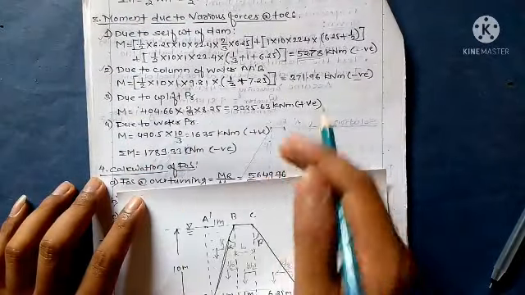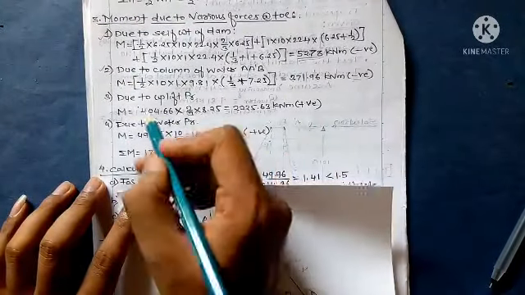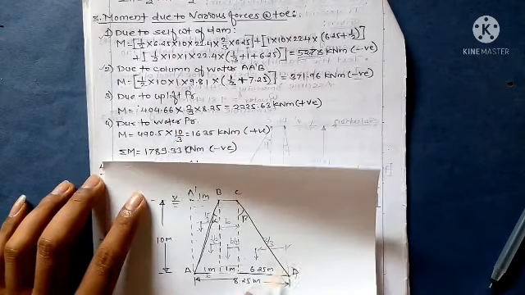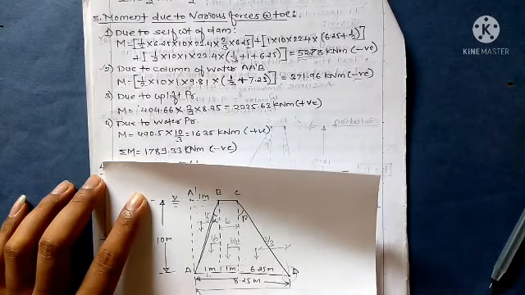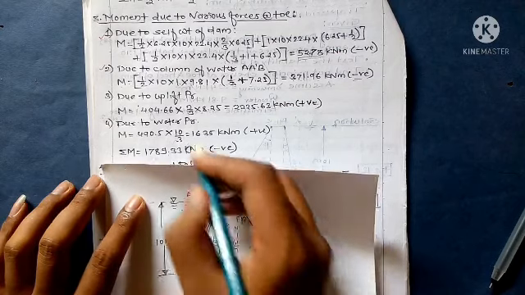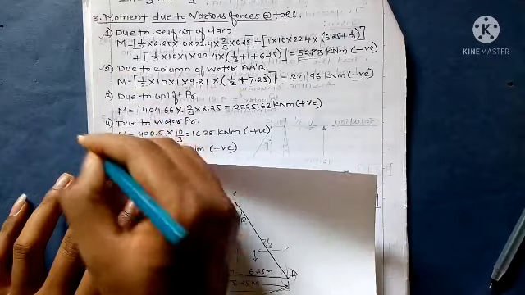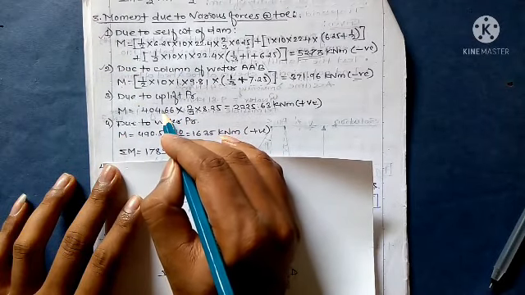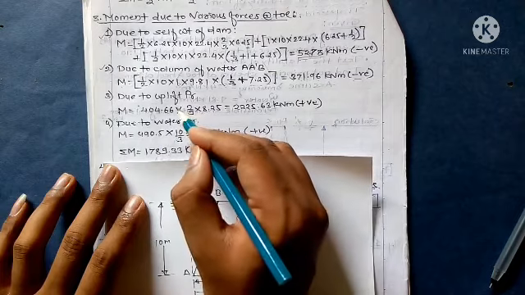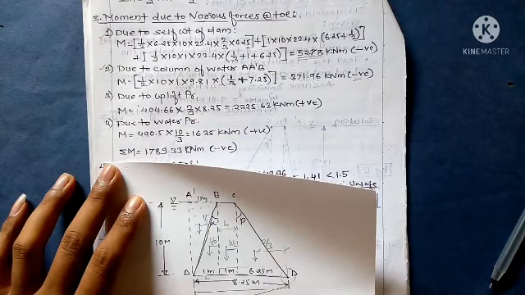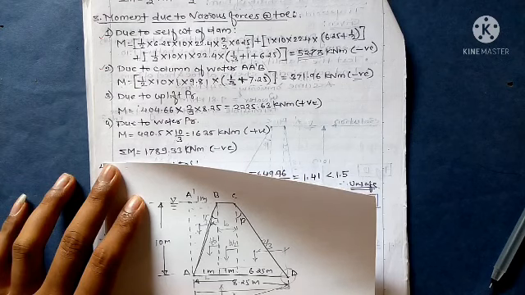Third one, due to uplift pressure. So we calculate the value for uplift pressure. So this is 404.66, that is the uplift pressure we calculated already, into the uplift pressure acting from at distance 2/3 from here.